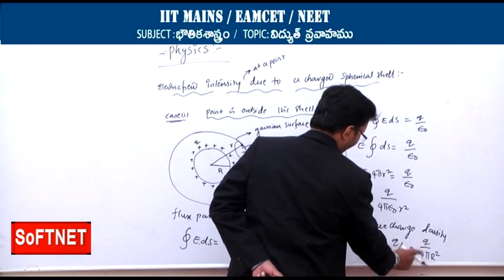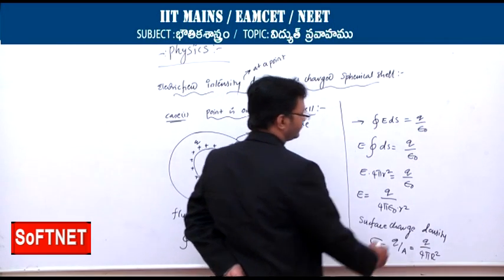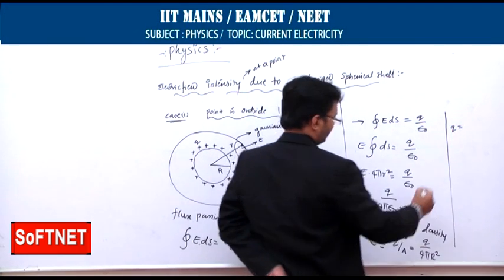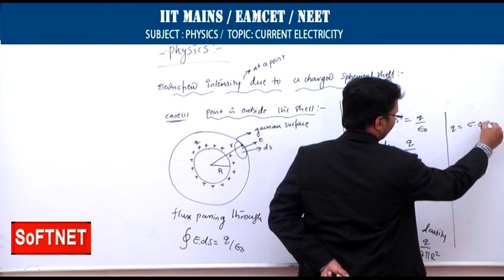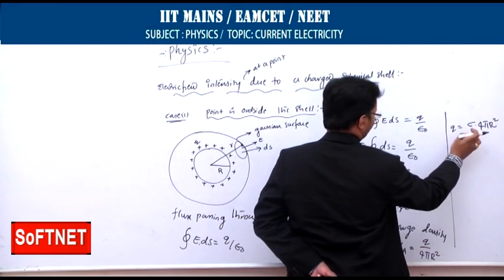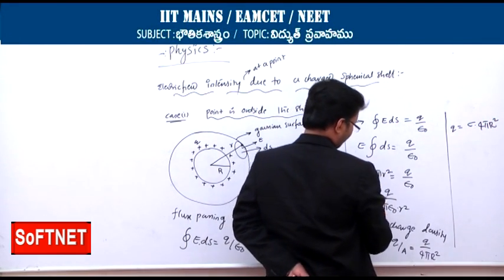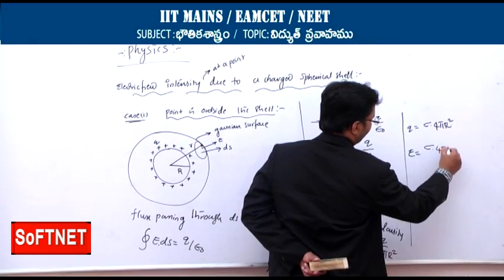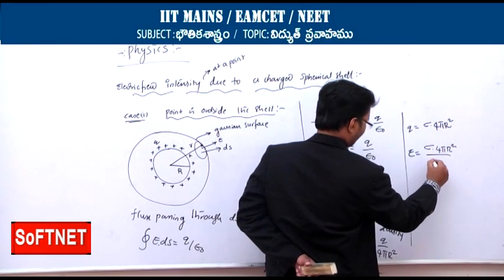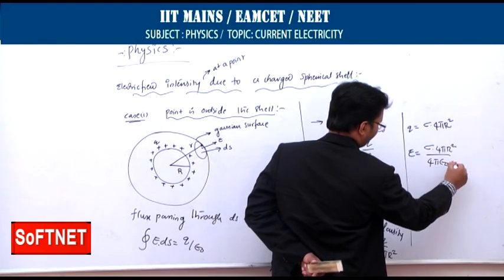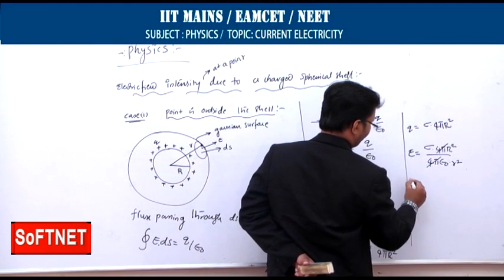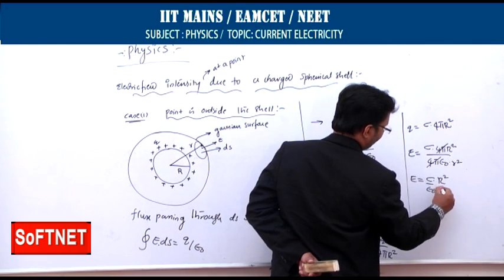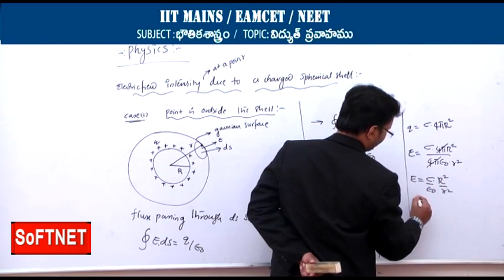From here, Q can be written as sigma into 4 pi R square. Substitute this value here, then E equals sigma 4 pi R square by 4 pi epsilon naught into r square. 4 pi cancels, so E is equal to sigma R square by epsilon naught small r square.